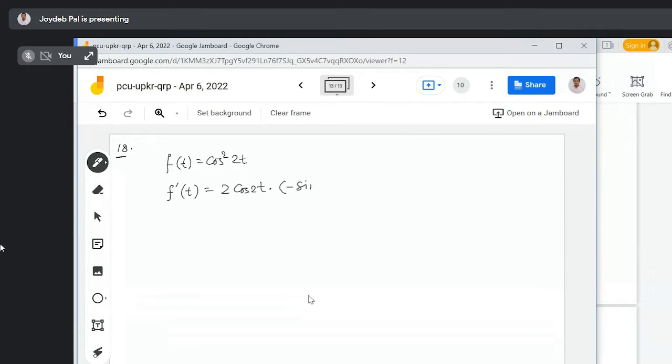Minus sin 2t into what? 2. Correct. So what we are getting? Minus 4 sin 2t cos 2t.